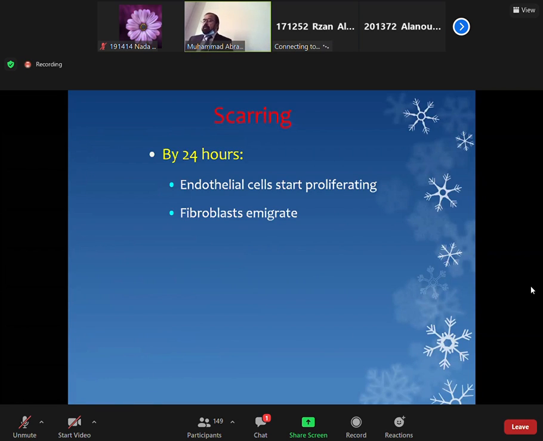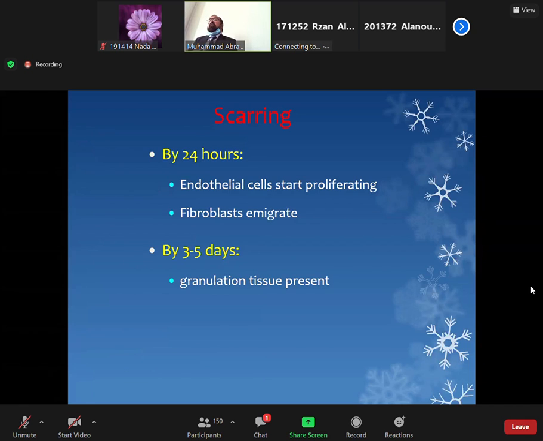Now scarring. By 24 hours, the endothelial cells start proliferating, as I mentioned. Fibroblasts start migrating to that area, right? In 3 to 5 days, what will happen? The granulation tissue is present. What is granulation tissue? The question arises. Anybody from the class? It's very simple.